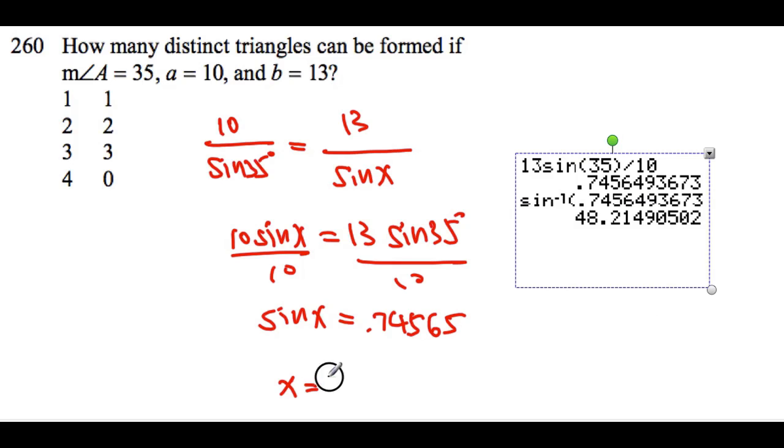So x can be equal to 48.2 degrees. Now, what would be the measure of the second angle? It would be 180 minus this one, which would have been 131.8 degrees. Now, even after adding 35, we're going to have enough room for another angle, and so is this one. So therefore, our answer is choice 2.